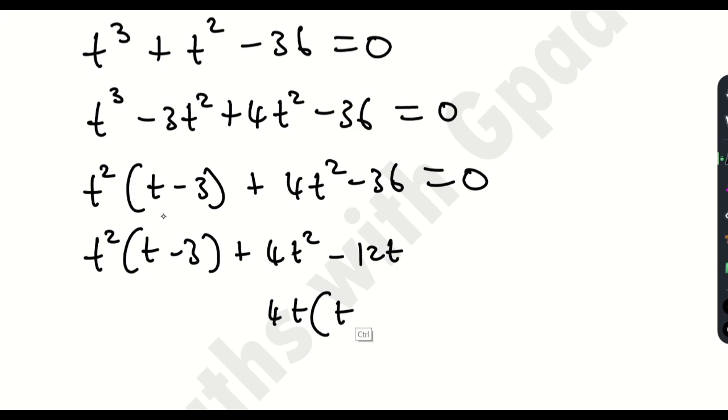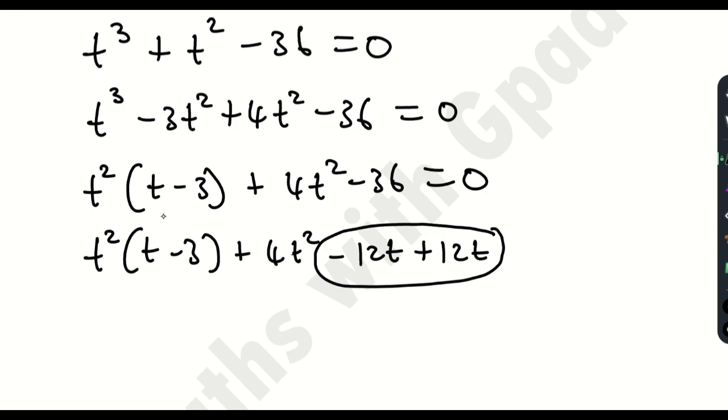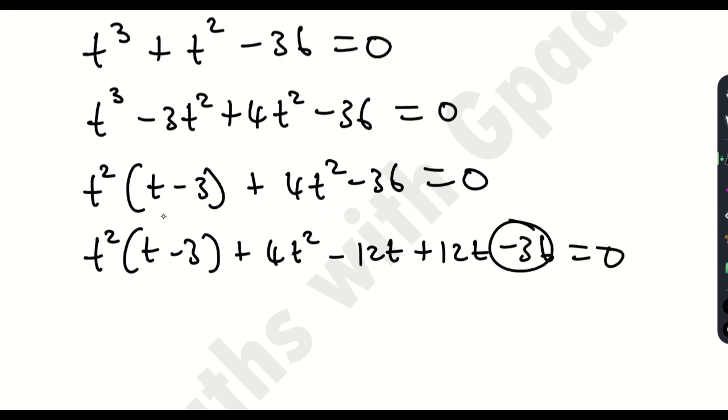Now we cannot just bring in minus 12t like that and leave it. We must do something to counter our bringing in minus 12t. So let's add 12t again to this. Of course, minus 12t plus 12t will give us what? 0. So it will be as though it never existed before, which is the case. So then I will now write minus 36 here, which is equal to 0. Where is this coming from? It's coming from here.